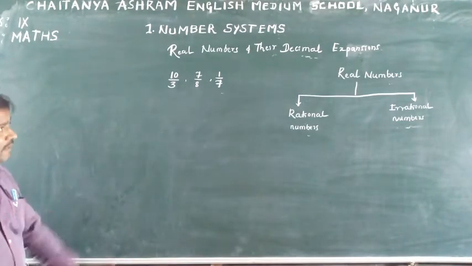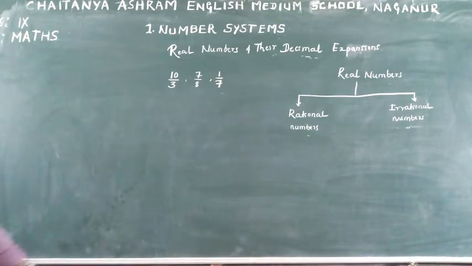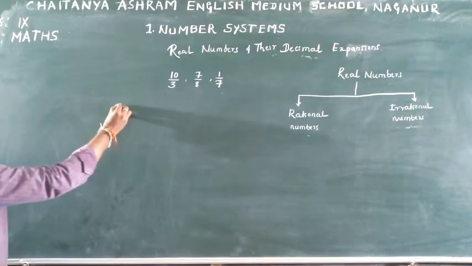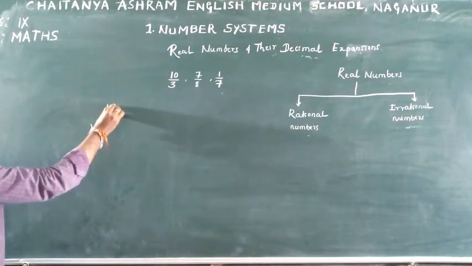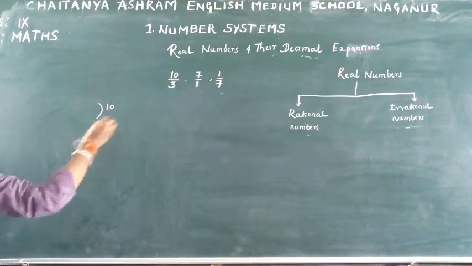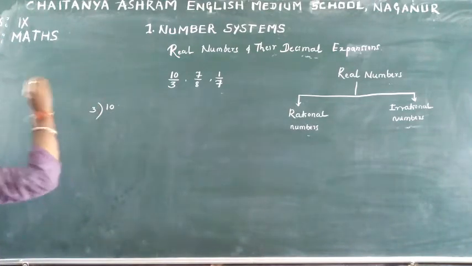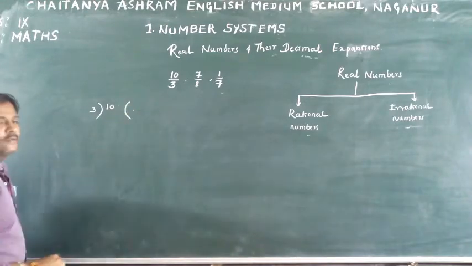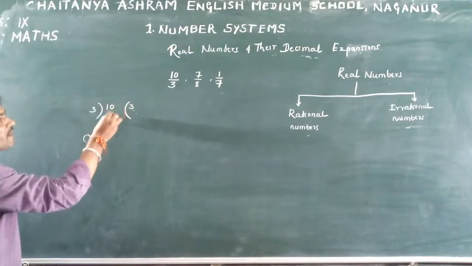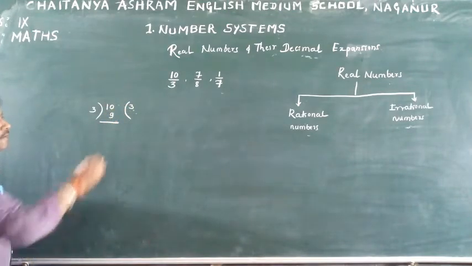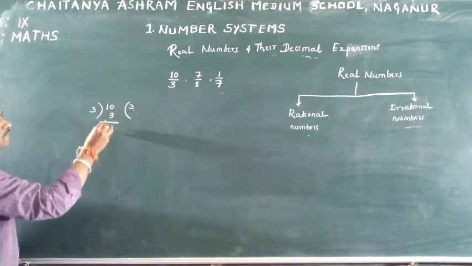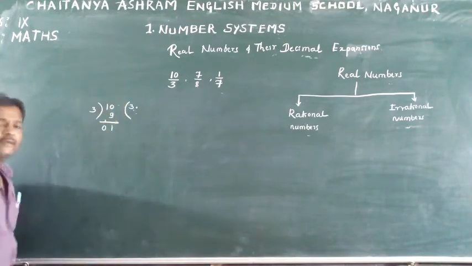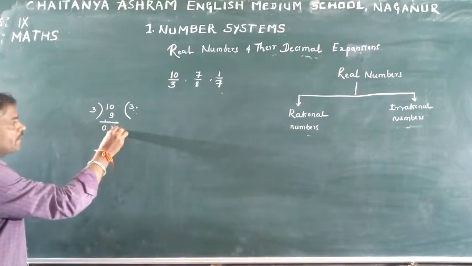Start the division process with the rational number 10 by 3. To find its decimal expansion, divide the numerator by the denominator 3. 3 nines are 9. 10 minus 9 is 1. Put a point in the quotient, take one more 0.